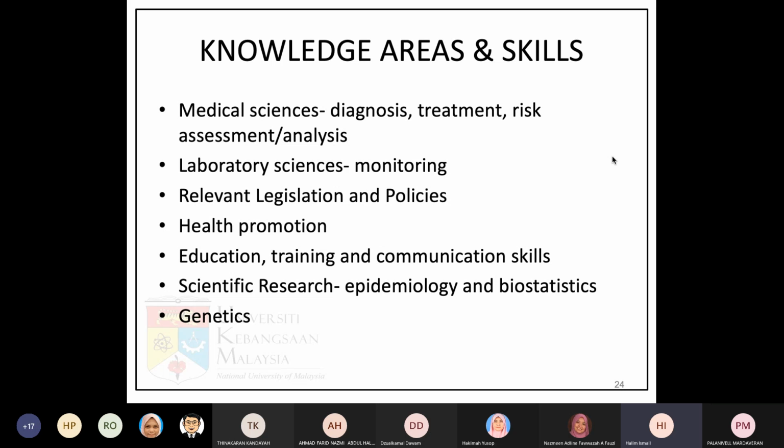Nanti later on dia akan belajar a bit more on how to do risk assessment and how to do analysis based on the data that's collected. Laboratory sciences in terms of monitoring, relevant legislation and policies. That's why you're going to learn later on about the legislation and the policy, health promotion, education, training, and communication skills.